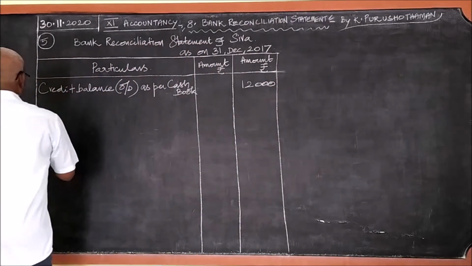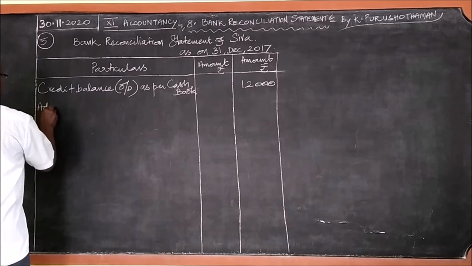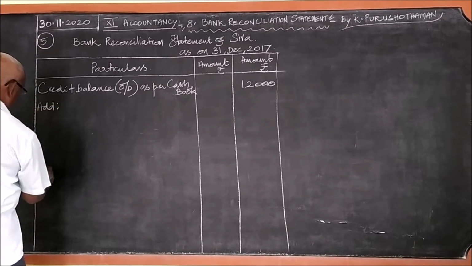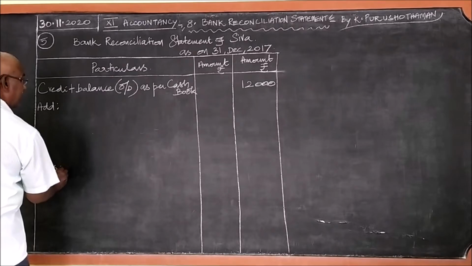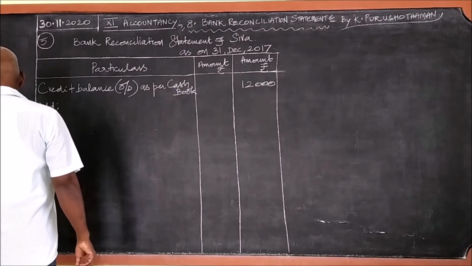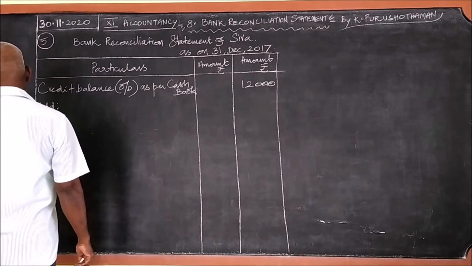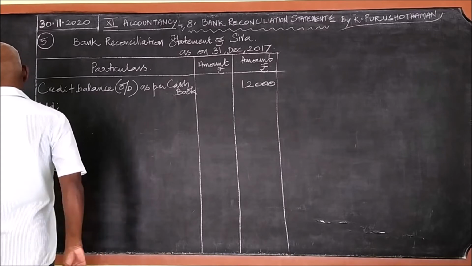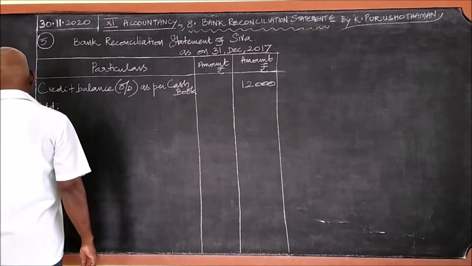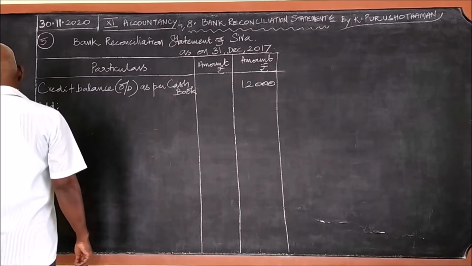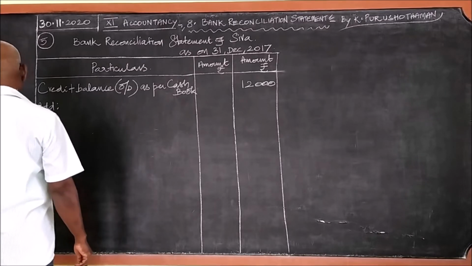Then we will have to add certain items and we will have to less certain items. Add, less. The first item: check issued and wrongly credited in the cash book.